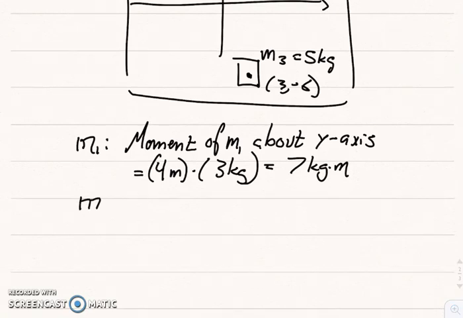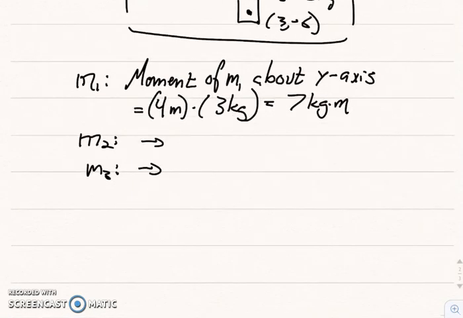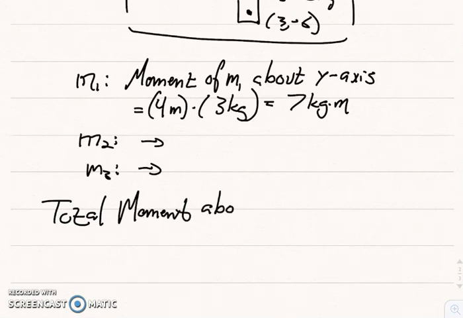I'm not going to do it right now, but you could similarly define the moment of both M2 and M3 about the y-axis, and it is an analogous computation. But I want the total moment about the y-axis, and that will be found just by summing the moments of each of the contributing masses about the y-axis.